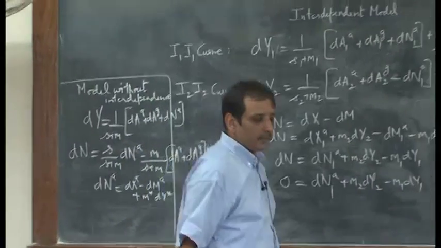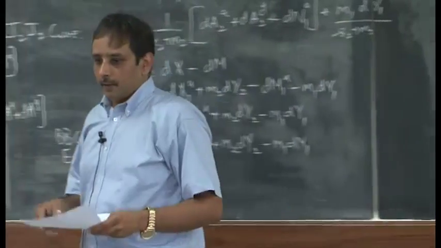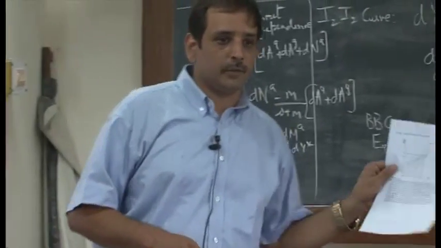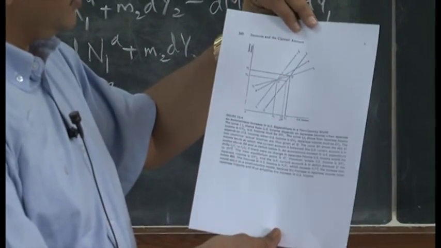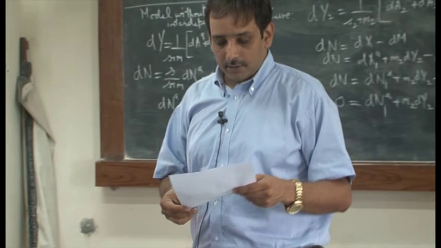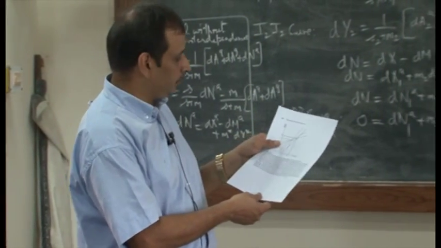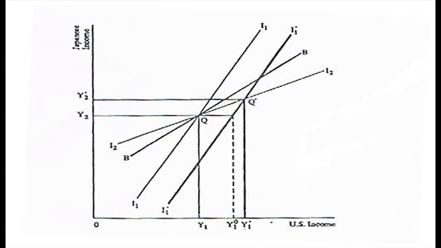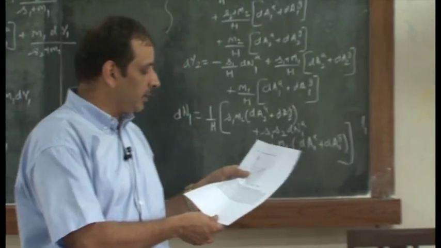Now this point is depicted through a diagram. If you have collected the notes, if you look at the handout page 340, you have three lines. One is the I1 line, the other is the I2 line, and the third is the BB line.